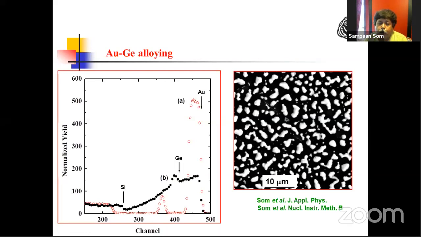And remember, the gold germanium system is a eutectic system. Here metastable phase formation took place, Au 0.6 Ge 0.4. So you can assume that composition effectively.